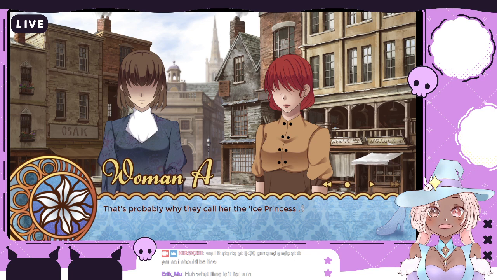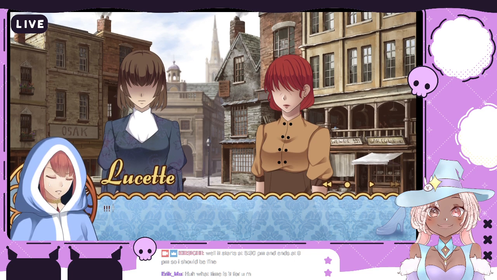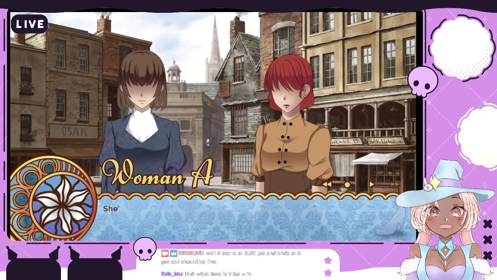That's probably why they call her the Ice Princess. Ice Princess? So all those times I heard her saying that, I'd always suspected they were talking about me. She's the complete opposite of our princess, Emmeline. That child's an angel. We all know she should be crown princess.